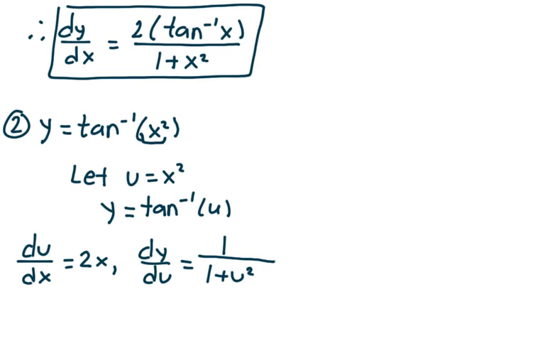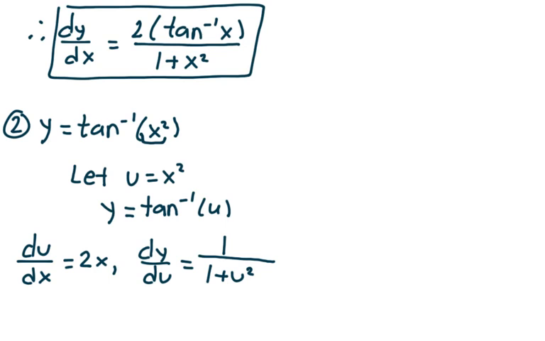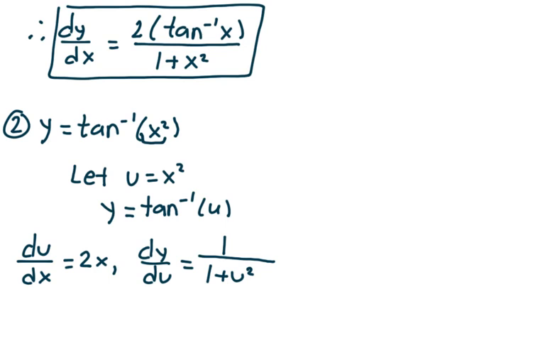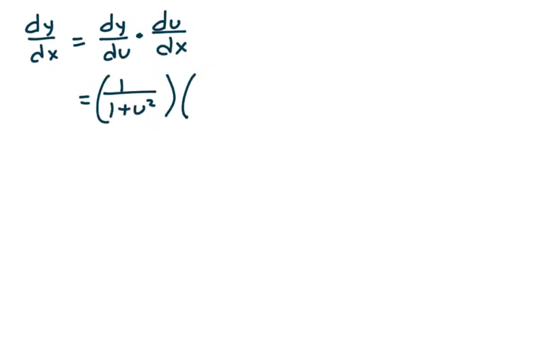Okay? Now, we get to put it together. So dy dx is equal to dy du times du dx. Now, if we go back, dy du is 1 over 1 plus u squared, and du dx is 2x.